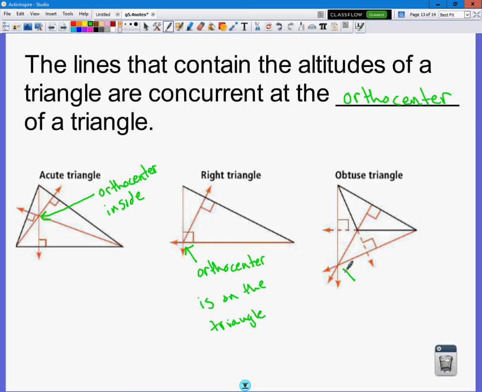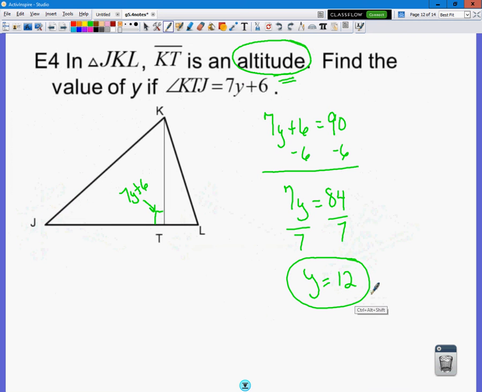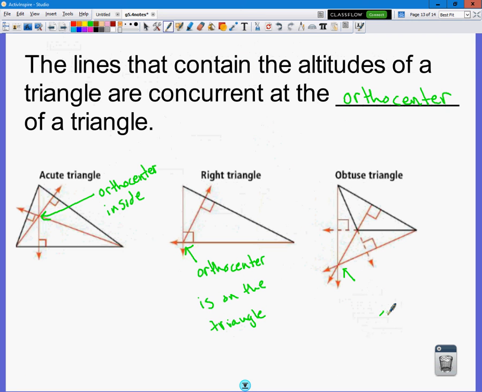And that if it's an obtuse triangle, the orthocenter is on the outside of the triangle.